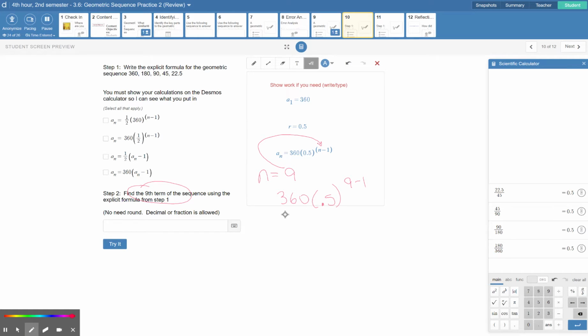Once you do that, that is what goes into the calculator. So 9 minus 1 gets you an exponent of 8, and then you just type it in, no rounding this time. You could put it as a fraction too, it does not matter.